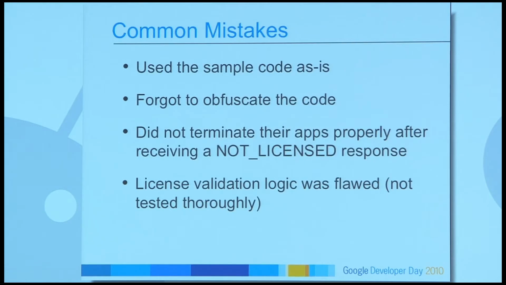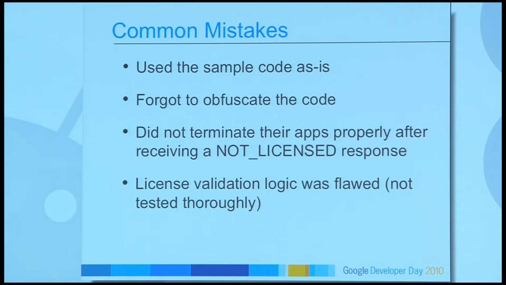It turns out there are a lot of common mistakes developers make when they implement market licensing. The number one mistake we have seen so far is they just use the sample code as is, which is very bad.